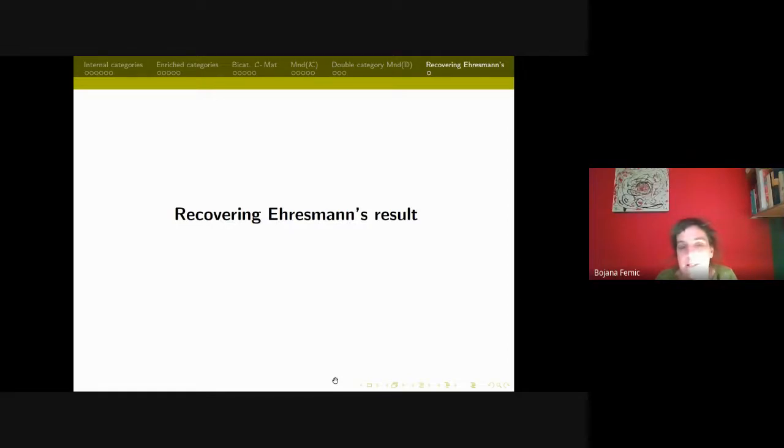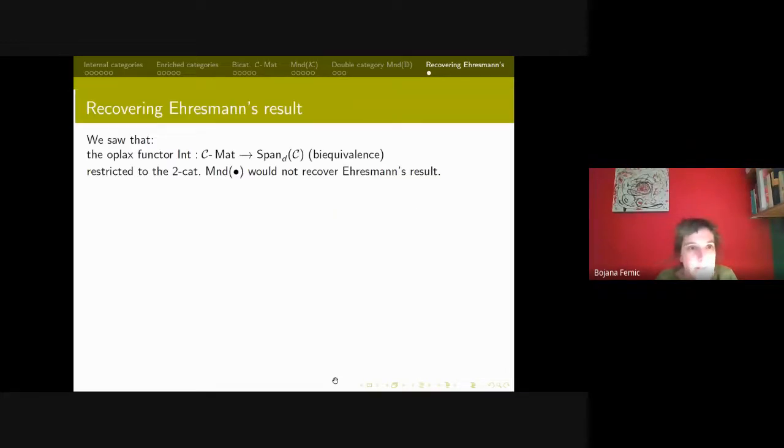And this is my last slide, where I sum up how to recover Ehresmann's result. We saw before, from this paper of Power, Fuji, and I don't know the other one, that the oplax functor from the bicategory of C-matrices into discrete spans was an equivalence under certain conditions.